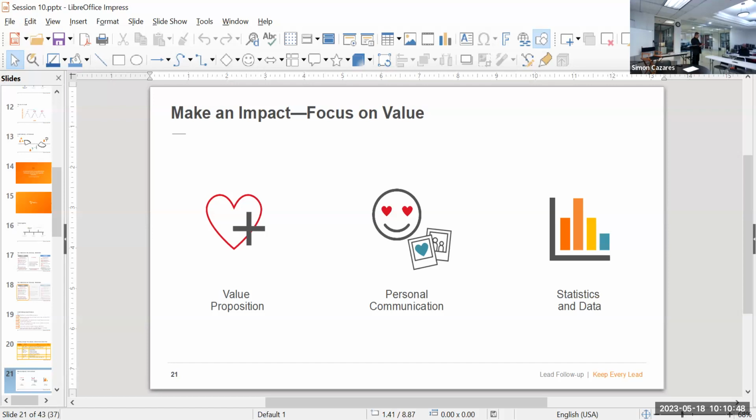Then you send them an email, and if it doesn't bounce, you're good. Then it goes into your database, and you set them up on the 19 touches or the 36, depending on whether it's a contact versus a lead.